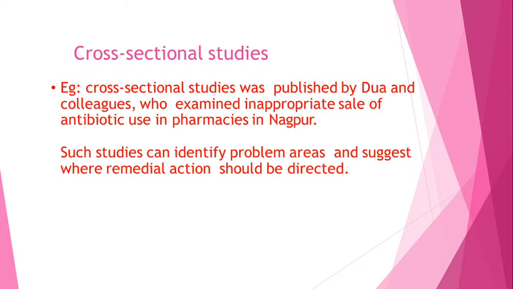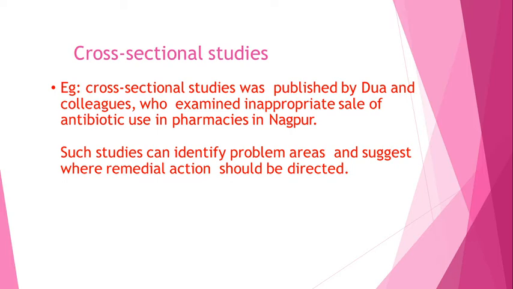An example of a cross-sectional study was published by Dua and his colleagues, who examined antibiotic use in pharmacies. This study was conducted in Nagpur, and they found that there were inappropriate prescriptions by the physicians and inappropriate sale of antibiotics by the pharmacists.